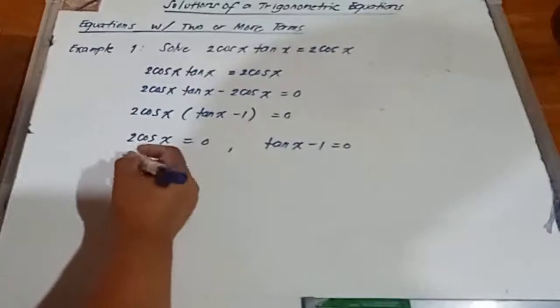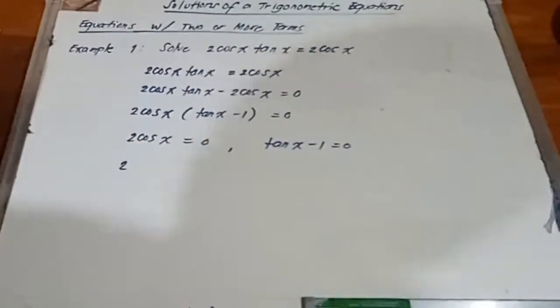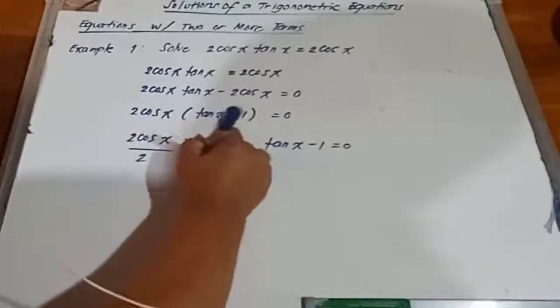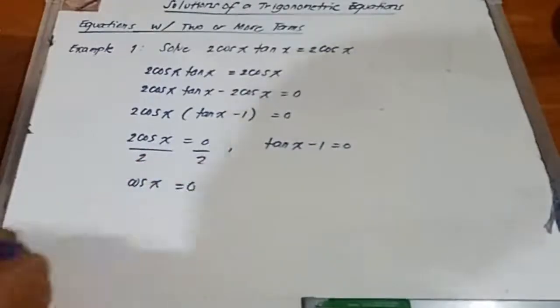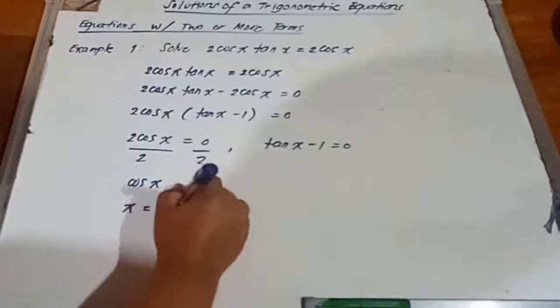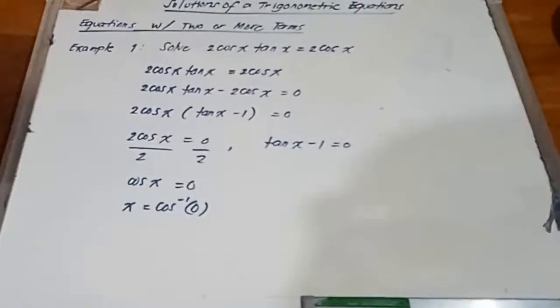Okay? So, we have 2 cosine x equal to 0. We're going to divide both sides by 2. So, we have cosine x is equal to 0. So, we have inverse of cosine, cosine to the negative 1 of 0. So, what value of x so that if we get its cosine, it is equal to 0?